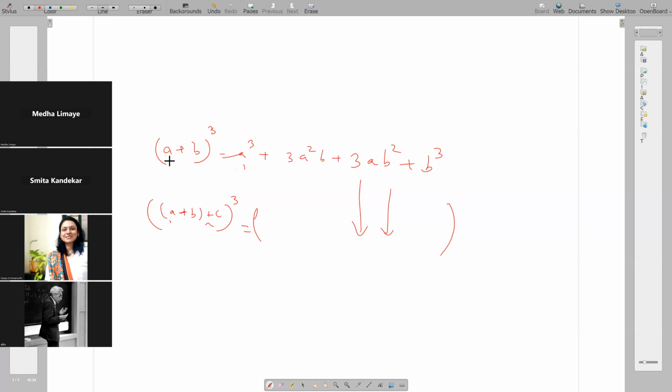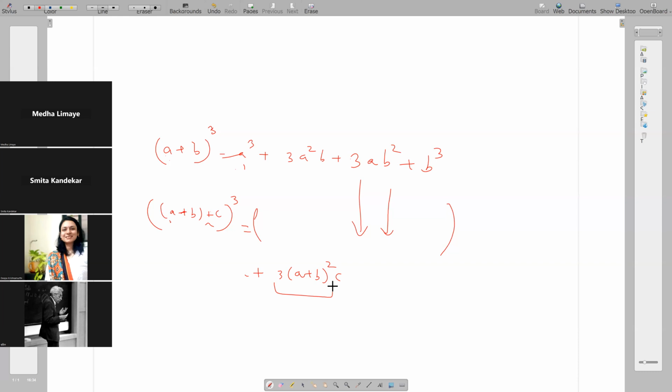So what I am doing is this: 3 times A plus B bracket square into C. After subtraction, I am dividing not by 3A square but by 3 times A plus B square. A plus B is the juxtaposition of A and B, like 12 in that example.